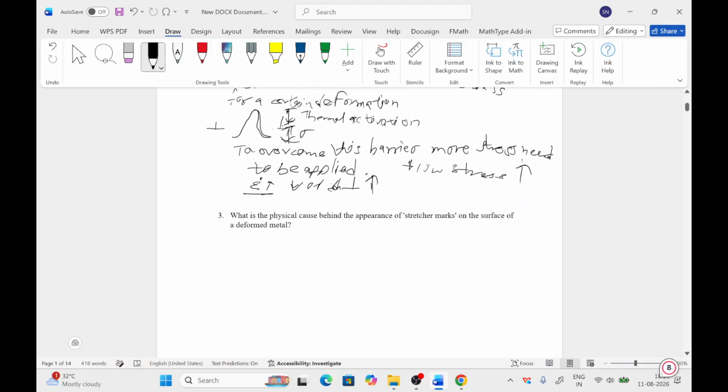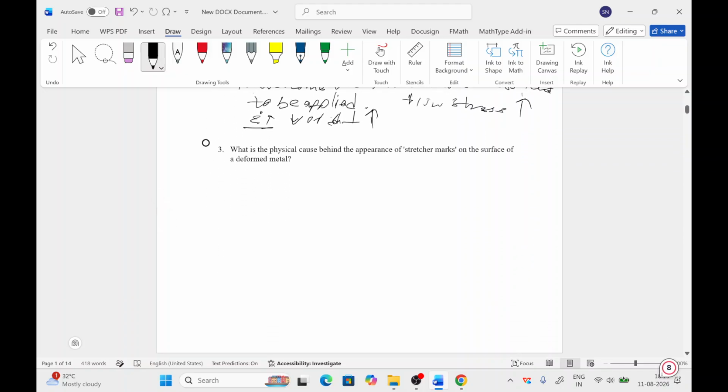Okay, so the next question is: what is the physical cause behind the appearance of stretcher marks on the surface of a deformed metal? Stretcher marks are deformation bands.